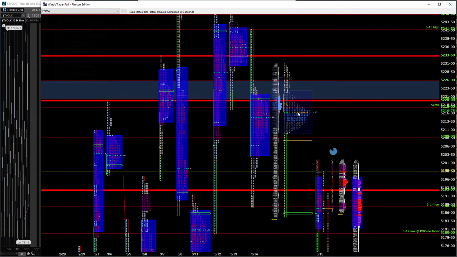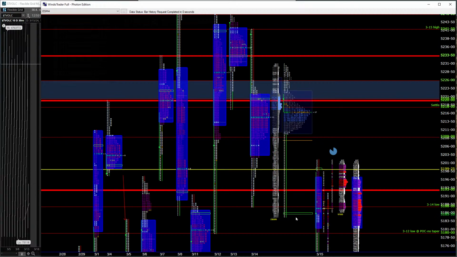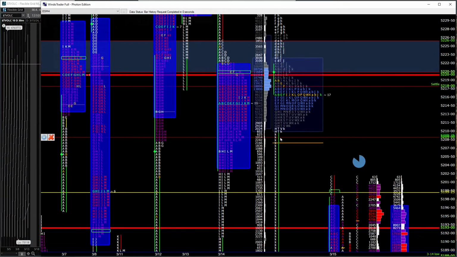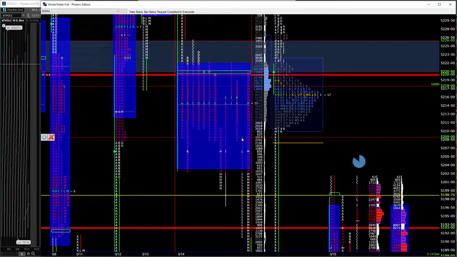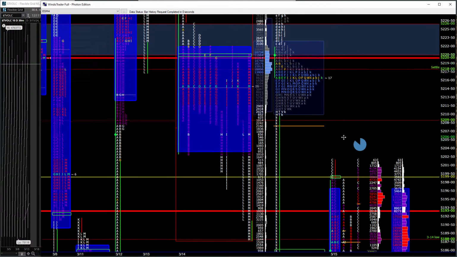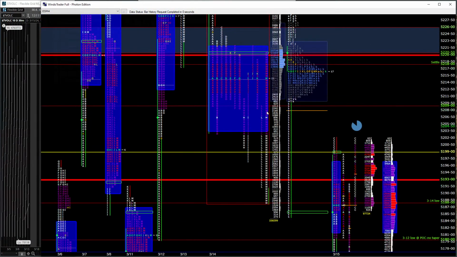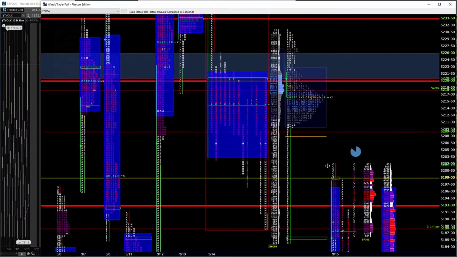This is short overnight inventory, mostly short. It has a prominent point of control. Tremendous amount of single prints. I guess there can be something here, unless this high is taken, I guess we still have a downside market.